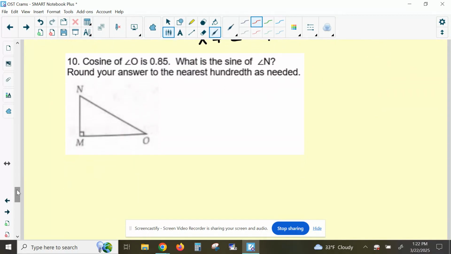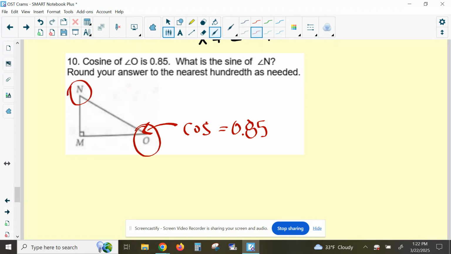Okay, let's take a look at this one. Cosine of O equals 0.85. What is sine of N?